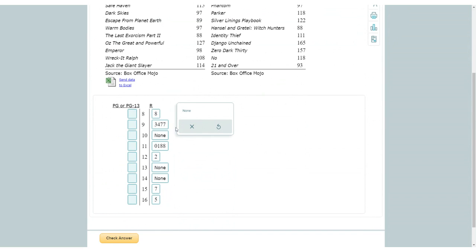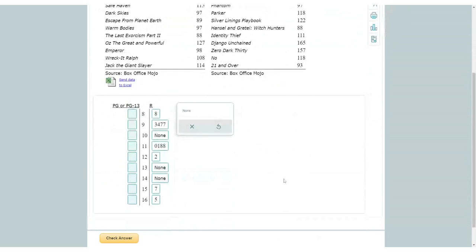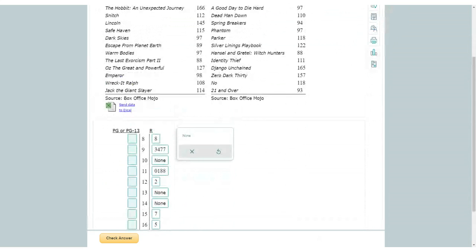So that's 4 and 4 is 8, 9, 10, 11, 12. So we got them all. Boy, I'm going nuts here. All right. So what about the other ones? Now, here's where we got to watch out. We're going backwards.